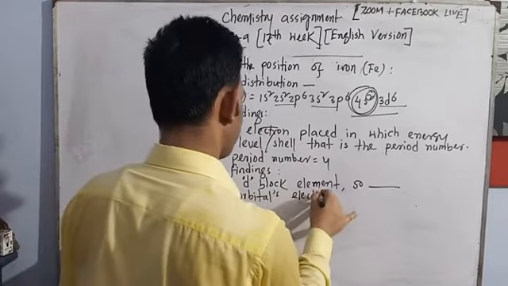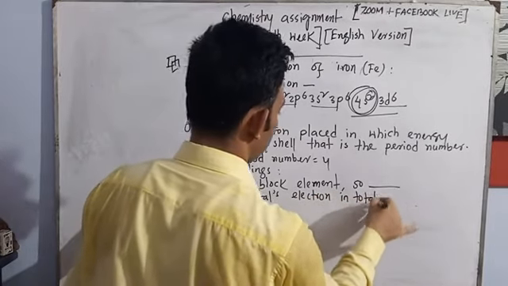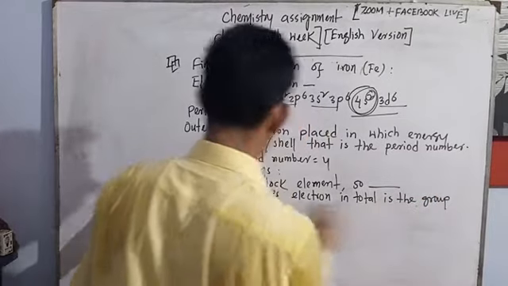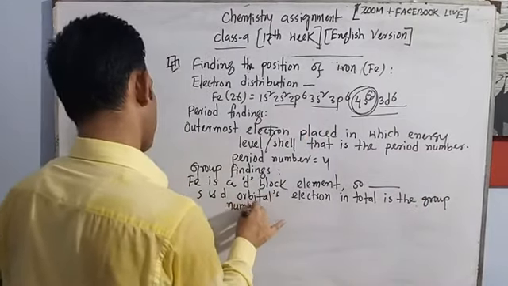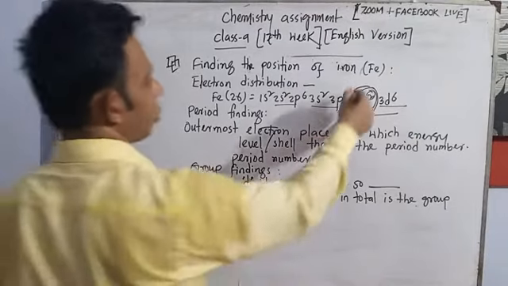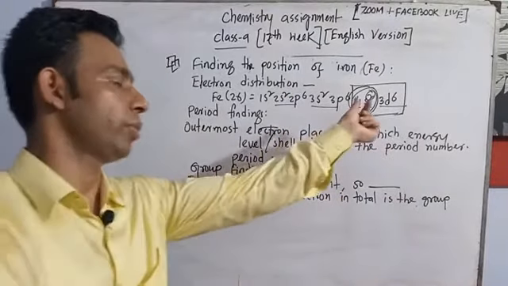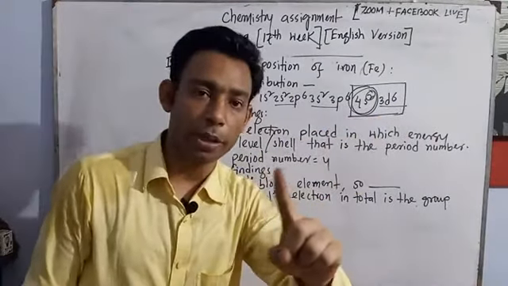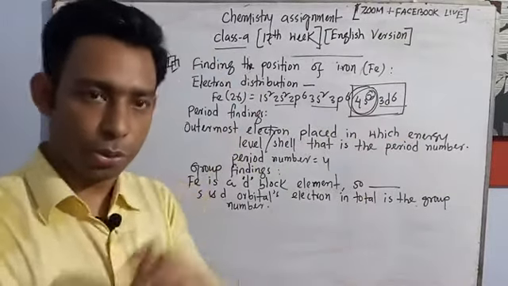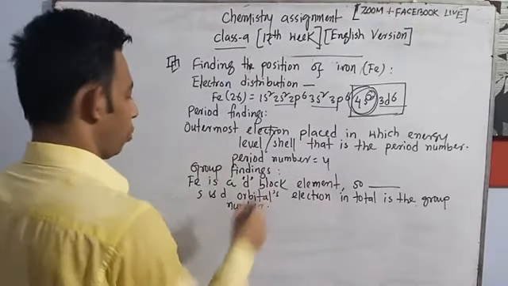the s and d orbital electrons in total is the group number. Okay, so normally the outermost shell electron, but in the case of a d block element, the outermost shell electron and d orbital electron are added together, and that sum is the group number.